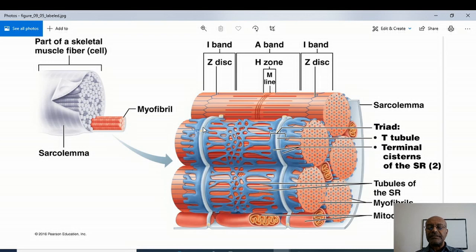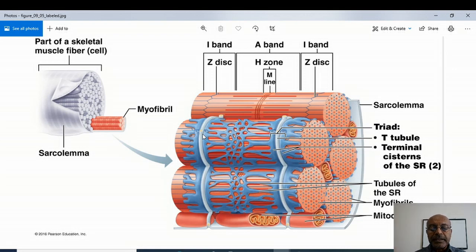After studying the structure of skeletal muscle tissue, skeletal muscle cell, and its parts like the myofibril, the sarcomere, the next thing we are going to do is to understand how does muscle contraction and relaxation take place. That's what we are going to learn next. So these structures have role in muscle contraction and relaxation. That's why we study them.